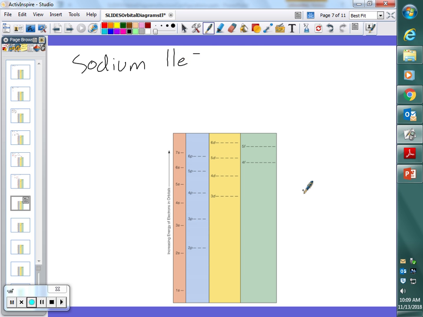Actually, let's do this one. First orbital we come across is what? 1s. How many electrons can that orbital hold? 2. 1 up, 1 down. Next, that one's full. Next orbital we come across is 2s.